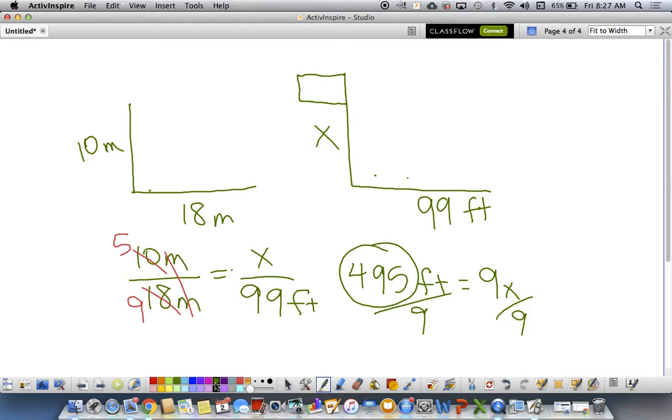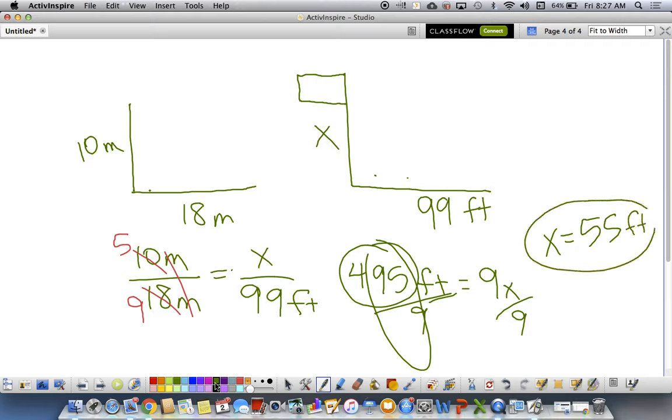You add all the digits up, and I know 9 will go into 18. So x equals 55 feet. So we still get an answer with the correct units without ever having to convert anything.